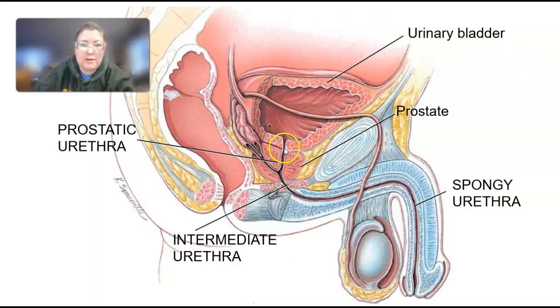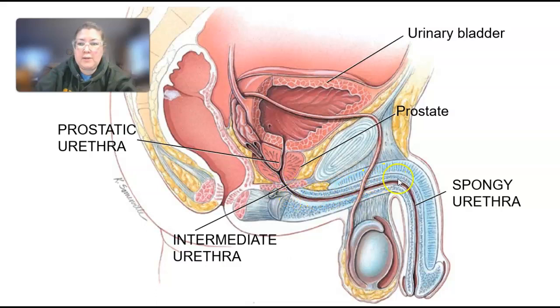So from here, it is the prostatic urethra, and you'll notice here it merges with this other tube called the seminal vesicle. So that is actually where most of the volume of semen comes from, except for the actual sperm, which comes from the testes, of course. So if we follow this big long tube all the way up, those two tubes merge, and then it becomes the intermediate urethra just as it passes through this connective tissue here.